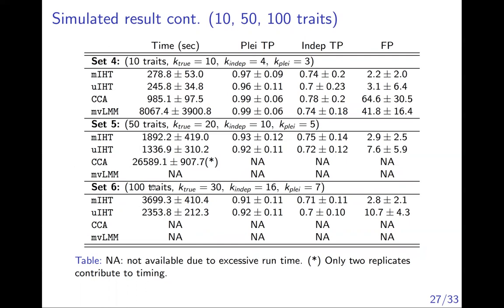Well, this is a simulated example. Just find the estimates, take the difference, and compare to the truth. Oh, I didn't look for 100 traits. Well, I think it would be fairly easy.